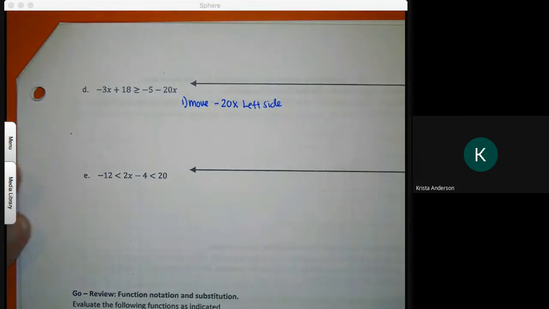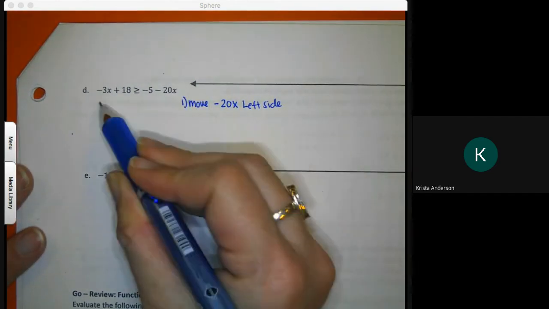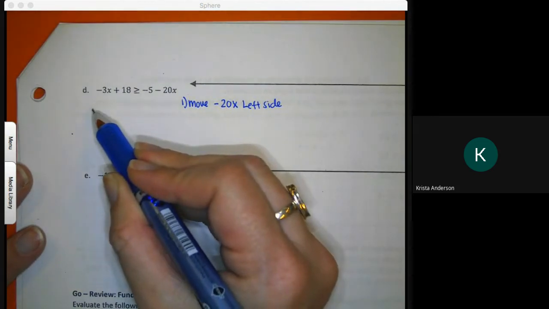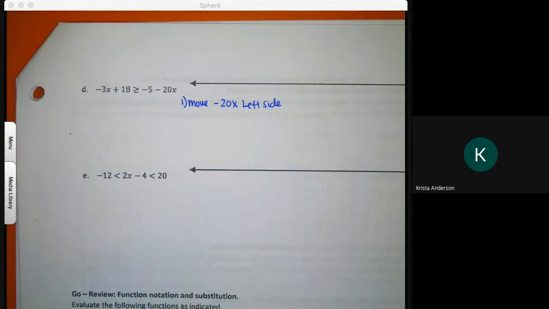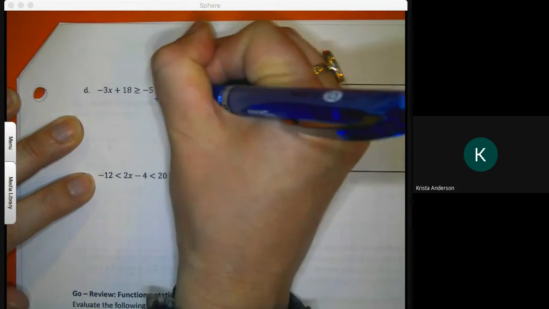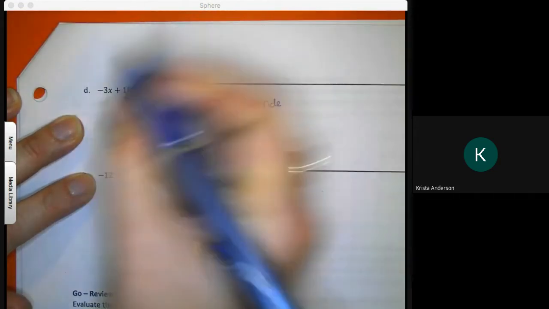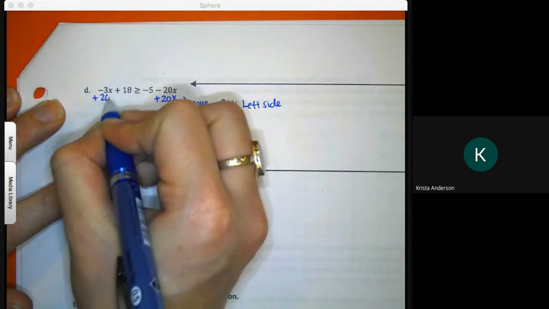How do I move the negative 20x over to the left? Opposite of negative 20 is positive 20. Yep, add it.